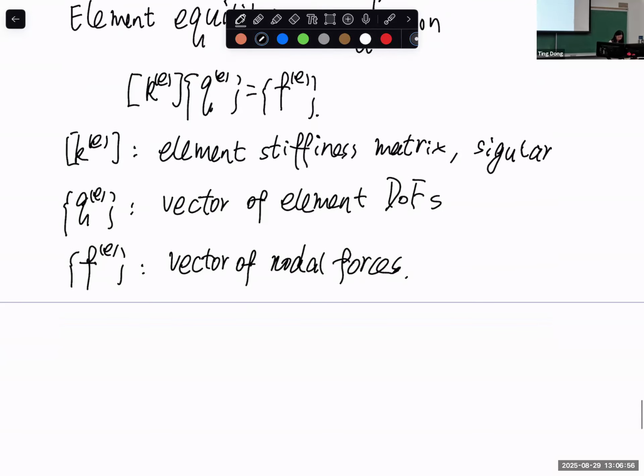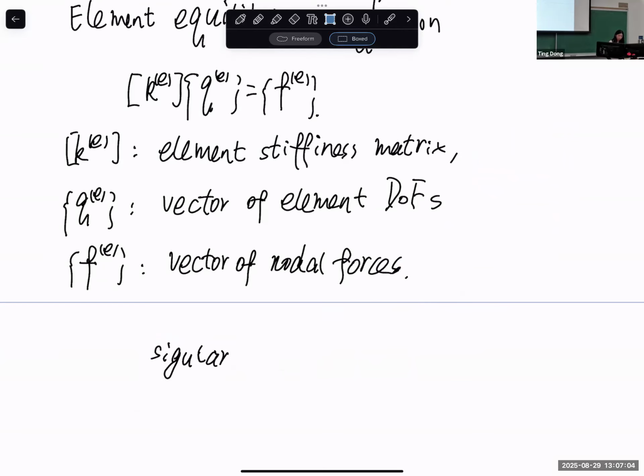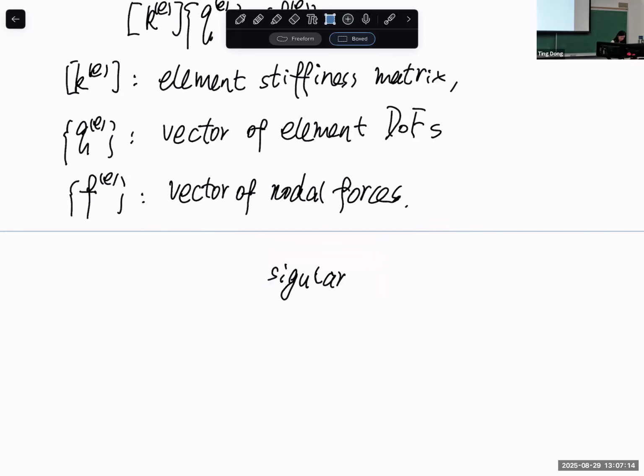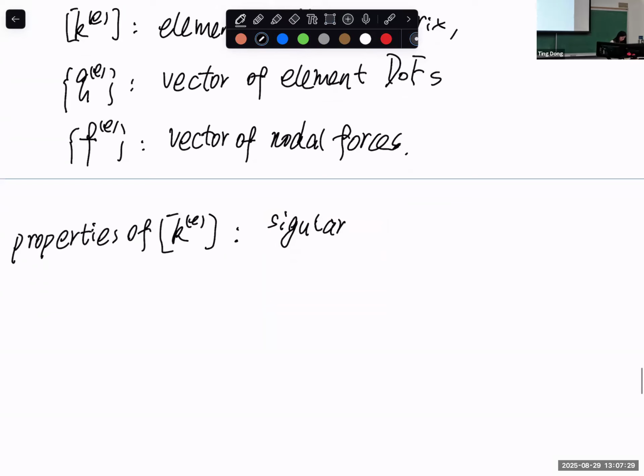And the physical meaning behind it is rigid body motion.